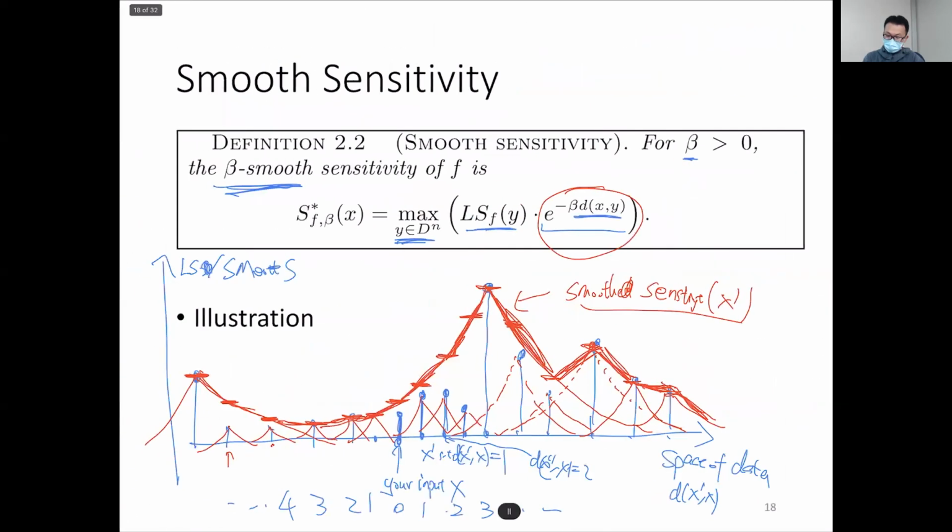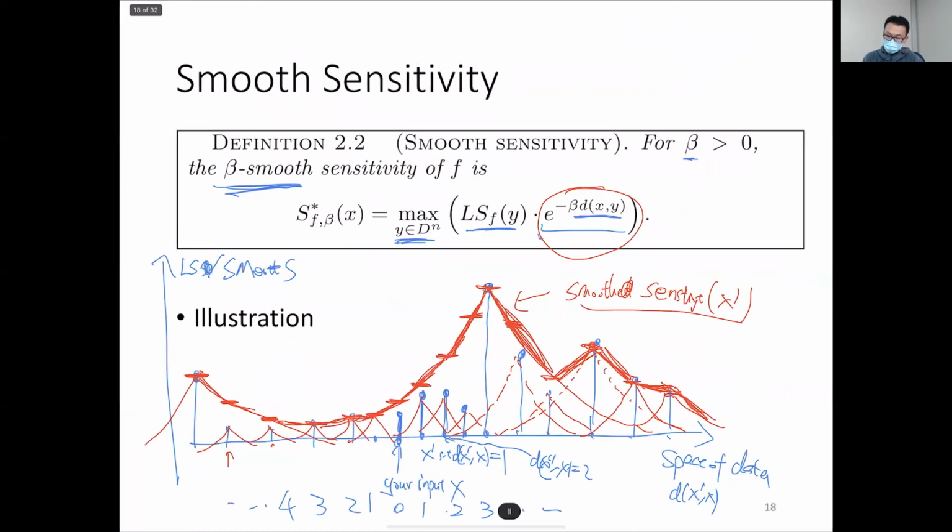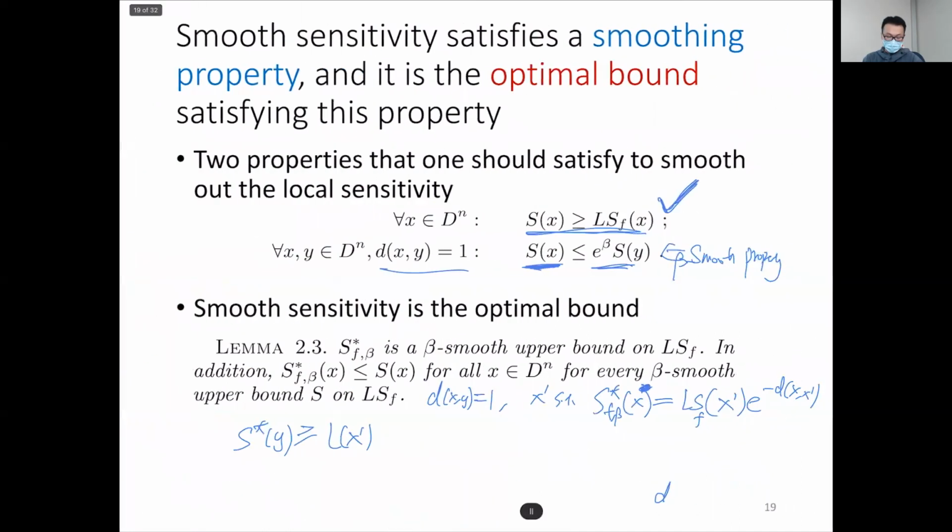By this definition, since y and x differ by just one data point, this is larger than... Let's say that we apply this clause by choosing this x to be y, and then choosing this y to be x prime. Then we can show that the smooth sensitivity of y is always larger than e to the power of minus beta times the distance between y and x prime.